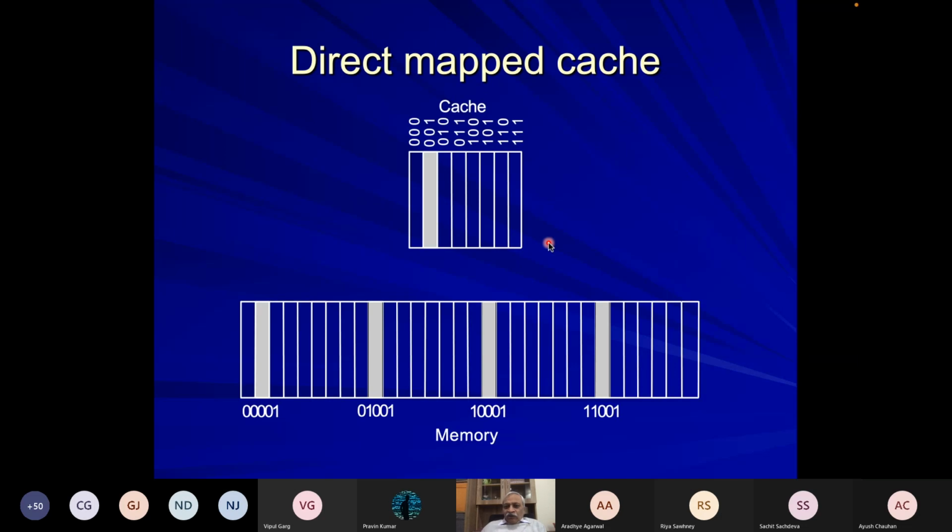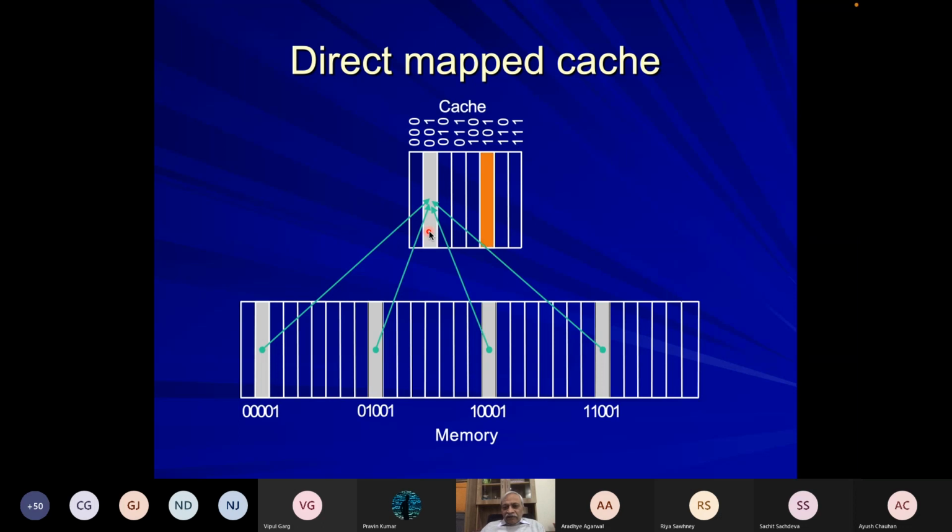So now suppose you want to access this particular word of memory, you know where it can possibly be. It may be there, may not be there, but if it is there in the cache, it has a fixed location where it can be. So all these words in a way map to one particular word of cache.